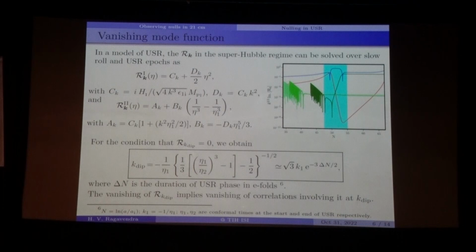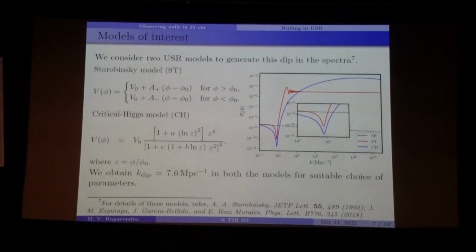So armed with this, to know where exactly the nulling in power is going to occur, note that if the mode function vanishes, all the correlations that contain this mode function are also guaranteed to vanish. So we will understand the imprints on the power spectrum first.